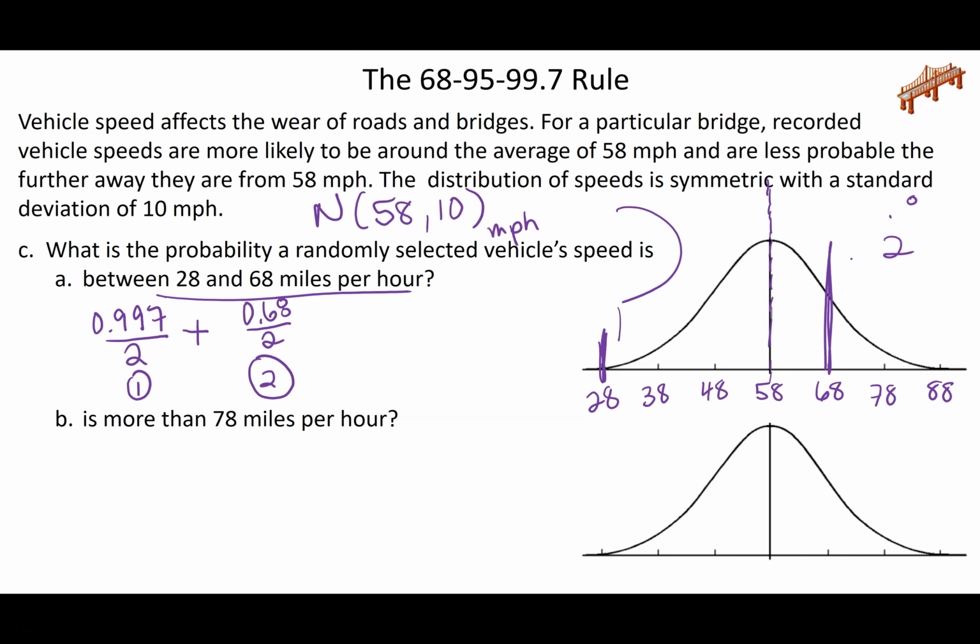So I want these areas. I'm just going to label them here. 0.997 divided by 2. I'm going to use a different cross-hatching here. So this one will be 0.68 divided by 2.